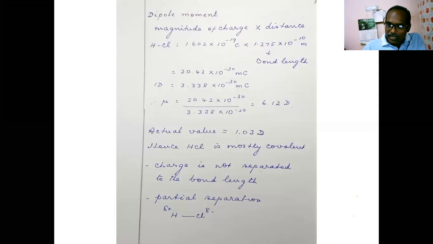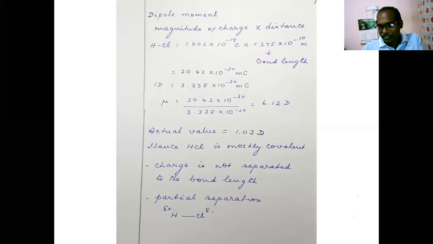But when you do the calculation for a molecule, we have taken the hydrogen chloride molecule, and we have assumed two things. One is that there is a complete transfer of electron. Therefore, I am assuming that hydrogen has 1 plus charge and chlorine has 1 minus charge.